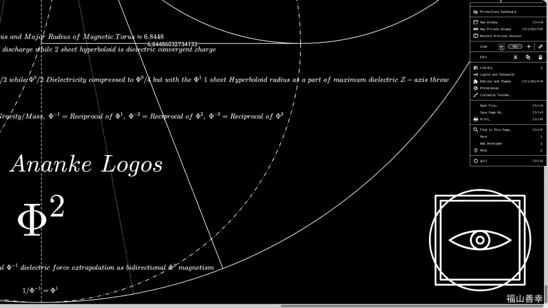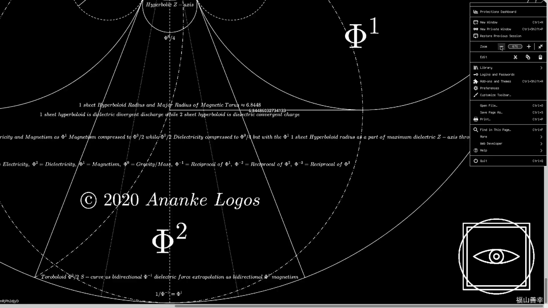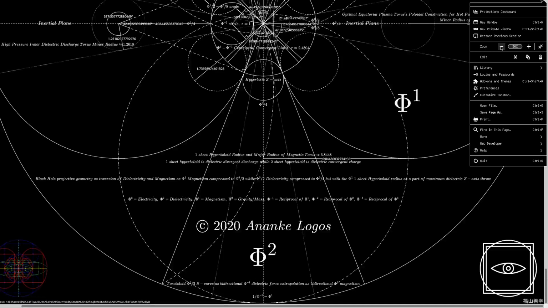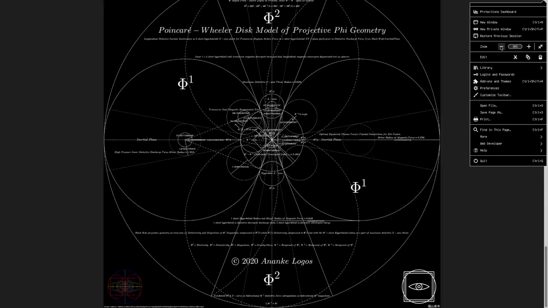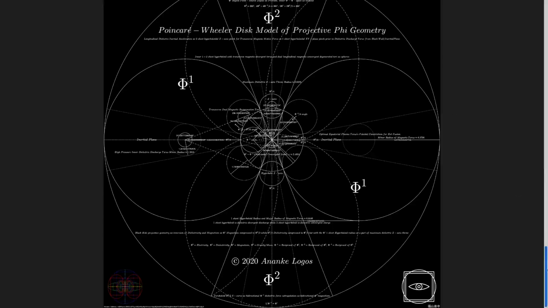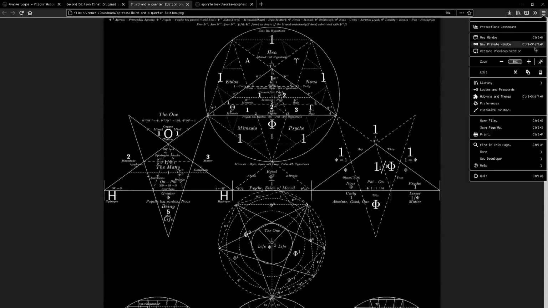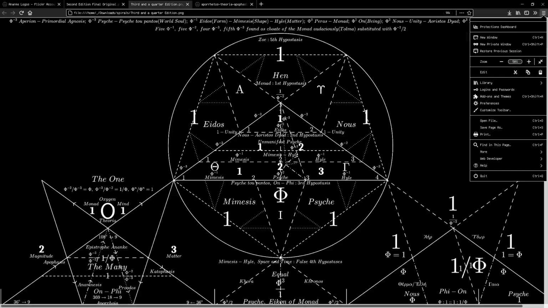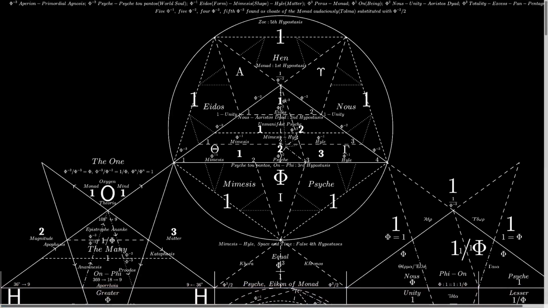Let me zoom out instead of zooming in. Okay, let's just leave it. That's that for now. You can't really make out the text, so okay, now you can see most of it.